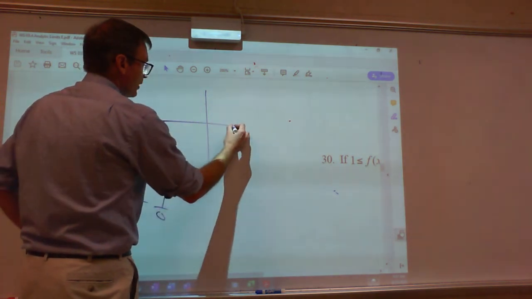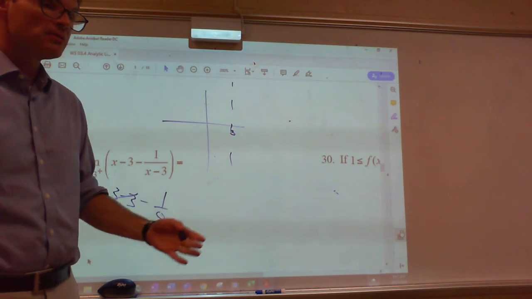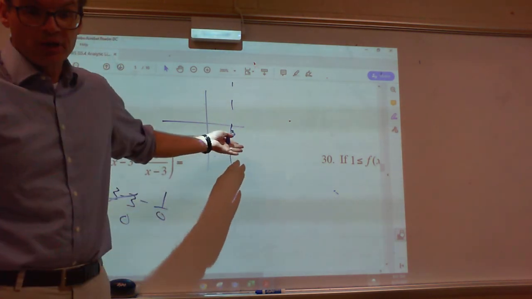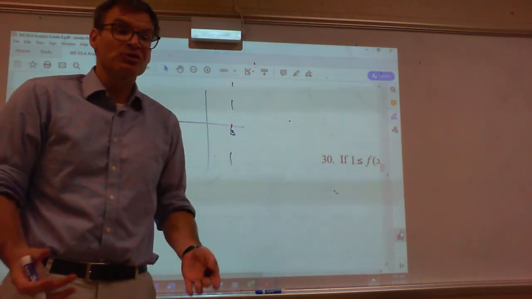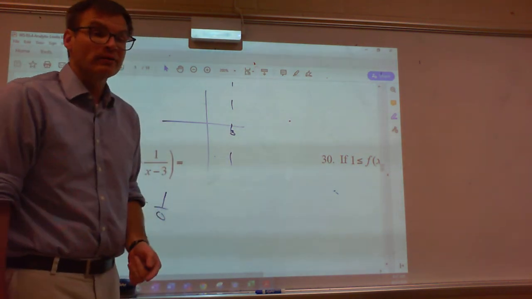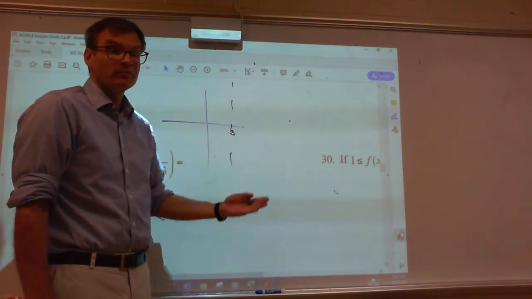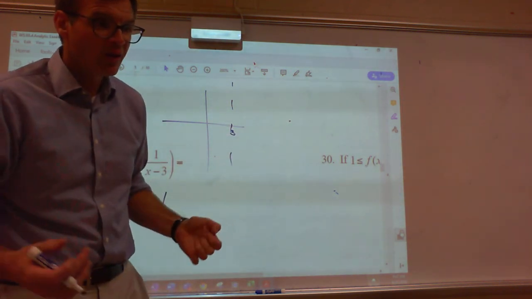So here's our situation. At 3, I've got an asymptote. I know I've got an asymptote because I'm dividing by 0. Anytime you divide by 0, you have an asymptote. Now you have to tell me, where am I going? Am I going up the wall, or am I going down the wall as I'm coming from the right? And how do you do that?